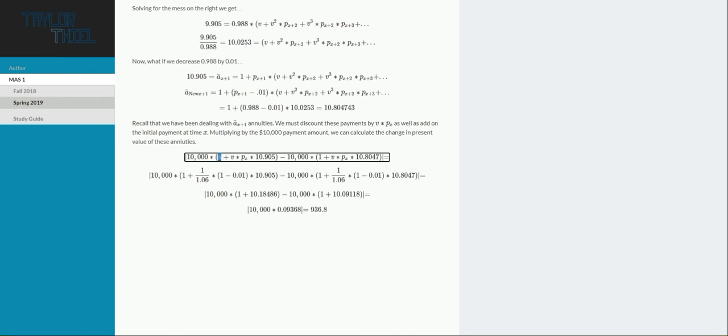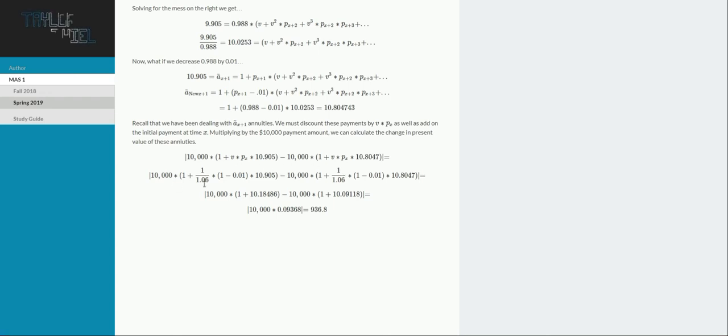We also have this 1, because that very first payment at time X doesn't require any discounting, since it happens at the beginning of the term, and we do this on both sides. The last thing is multiplying by 10,000 because they're $10,000 payments, and then we do some algebra.